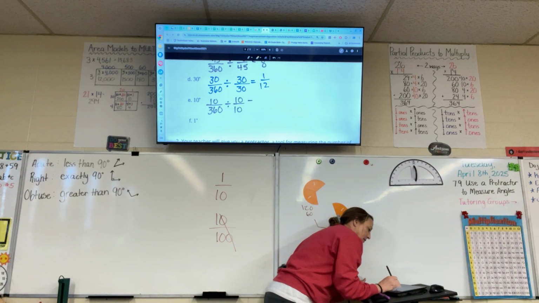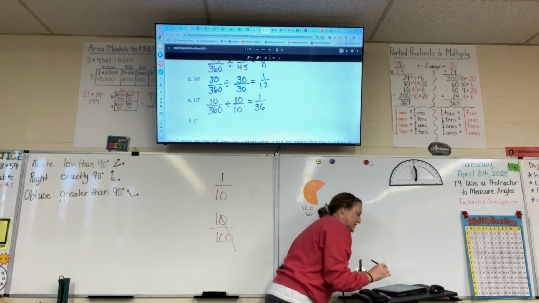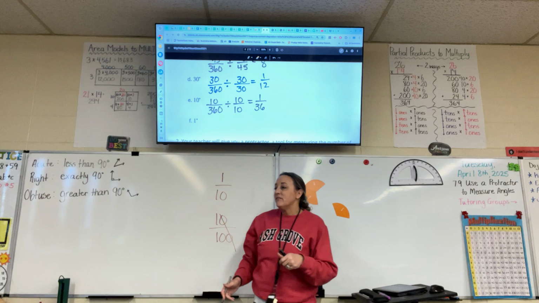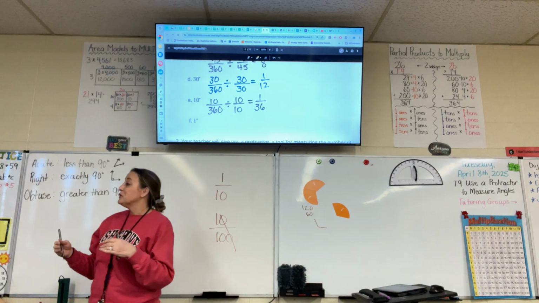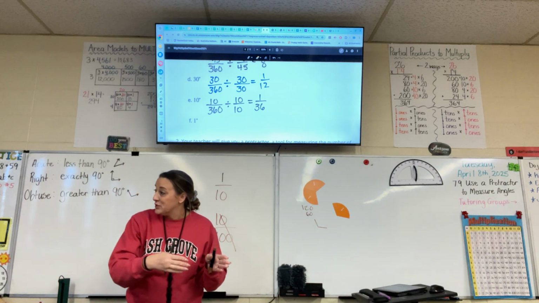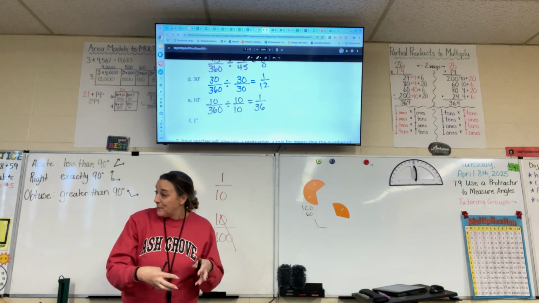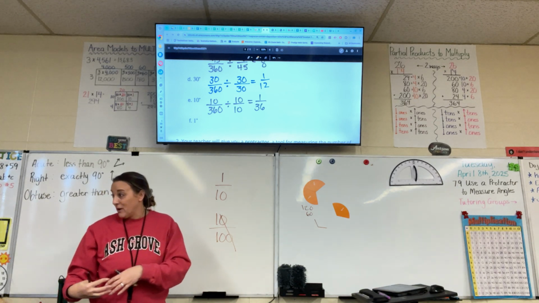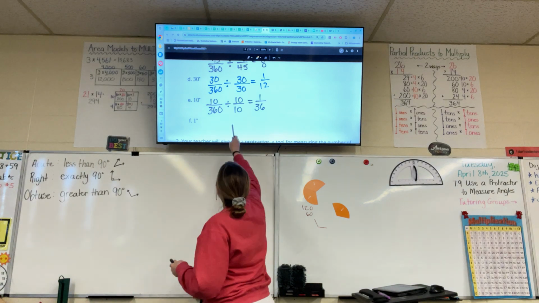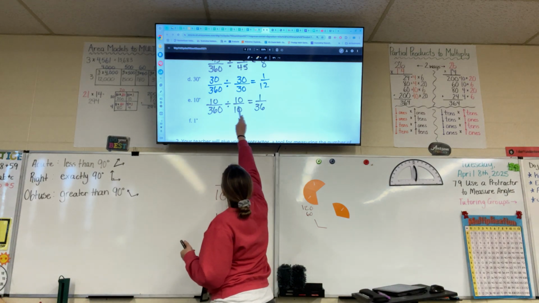So 10 divided by 10 is 1. 360 divided by 10 is 36. So remember how when you multiply by 10, you add a 0 to the end. But if you divide by 10, you do the opposite. You take off a 0. Since we're dividing by 10, we just take that 0 off the end.